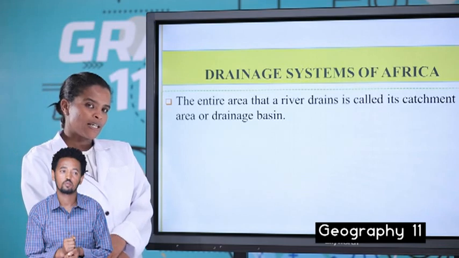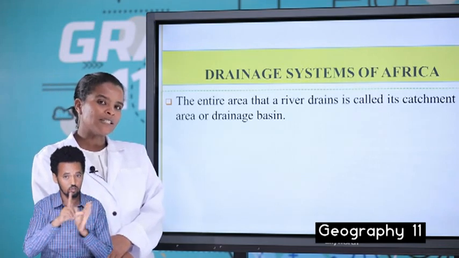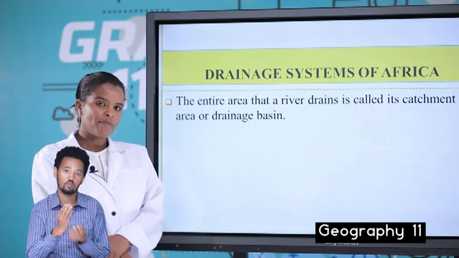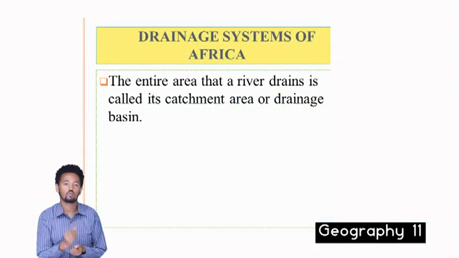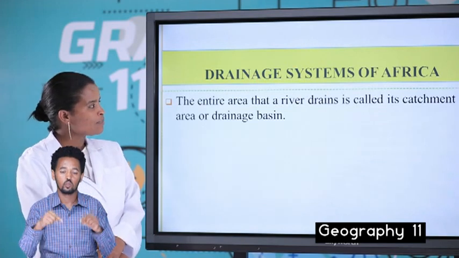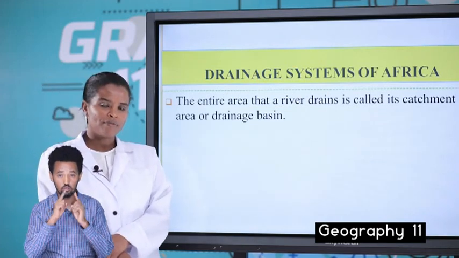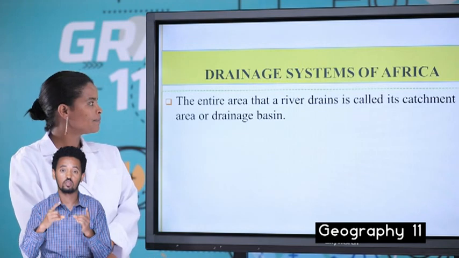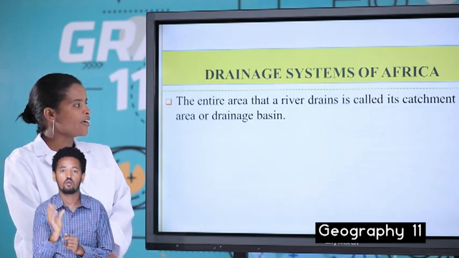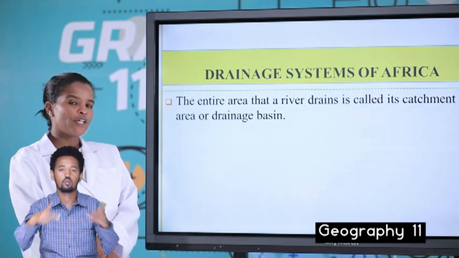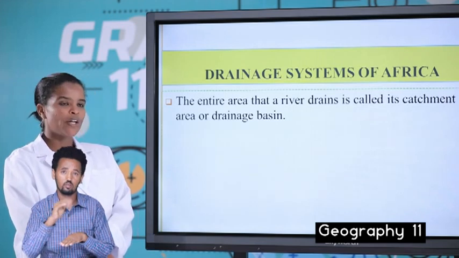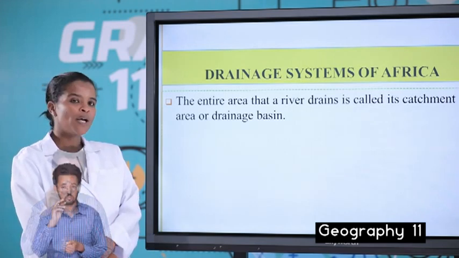In the previous lesson, we have seen the different climatic characteristics of Africa and also the factors that affect the climatic condition of Africa. Today, we will discuss the drainage system of Africa. The entire area that a river drains is called a catchment area or drainage basin.